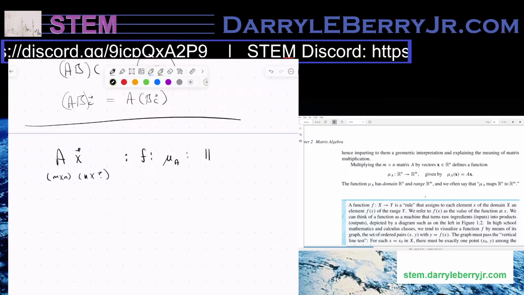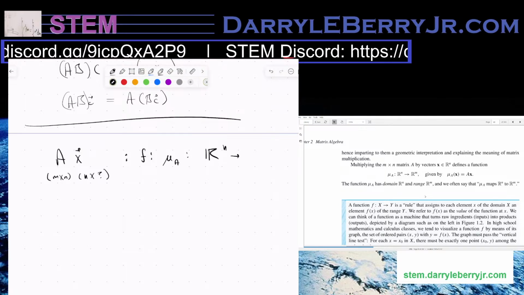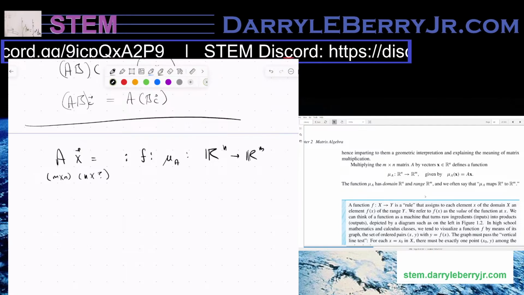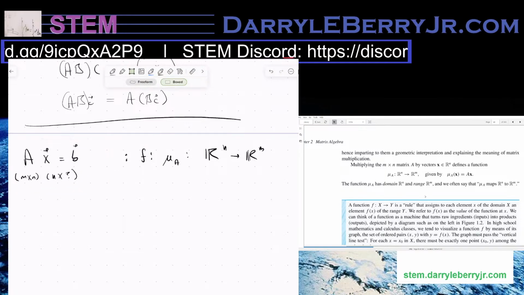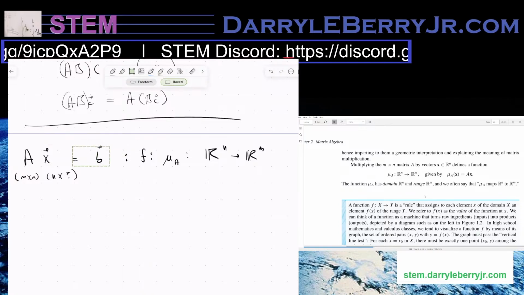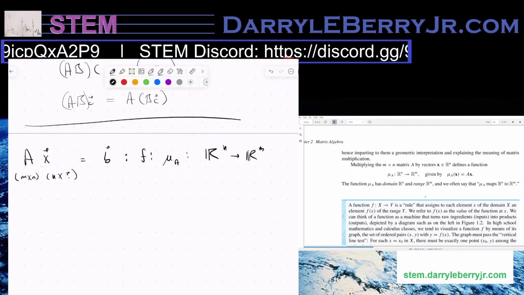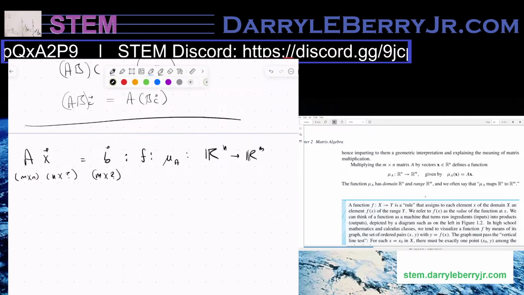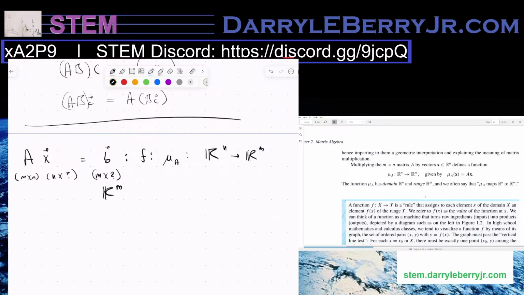So it's transferring that vector from Rn to Rm, because that's going to equal B. And that is an m by whatever that second thing is. So that is in Rn because it has n number of rows.